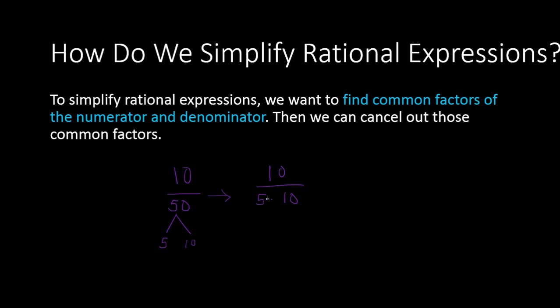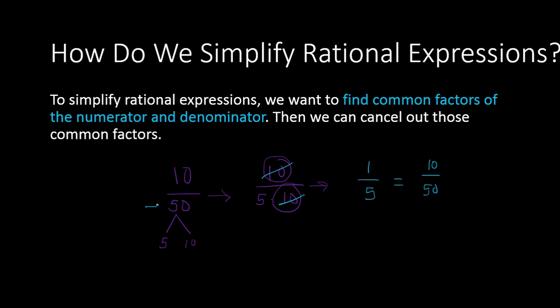If I rewrite the denominator as 5 times 10, with 10 in the numerator, I see that I can pull out this fraction 10 over 10, which is equal to 1. Because anything multiplied by 1 is just equal to itself, I'm able to cancel out these factors, and I'm left with 1/5. So I'm saying 1/5 is the reduced form of 10 over 50.